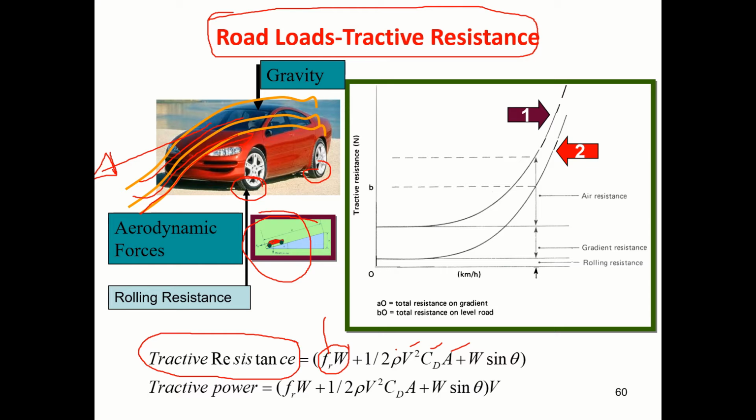Rho is the density of air, V is the vehicle speed, CD is called the coefficient of drag, and A is the frontal projected area. Then the gradient resistance is given by W sin theta, where W is the weight of the vehicle and theta is the gradient.